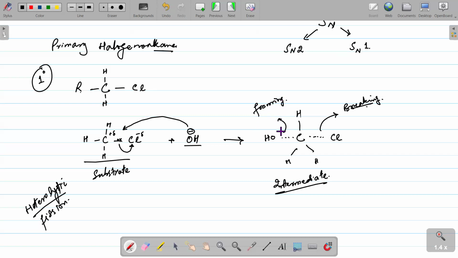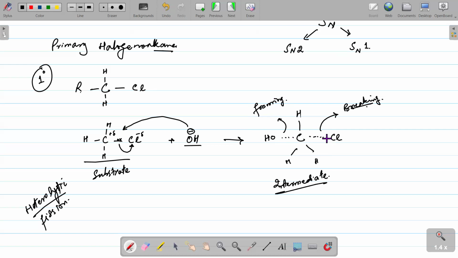In the intermediate, neither the previous bond nor the new bond is completely formed or broken, so we show them with dotted lines.